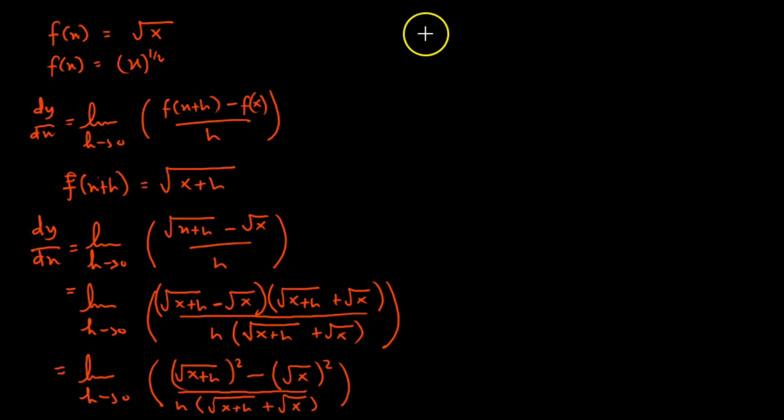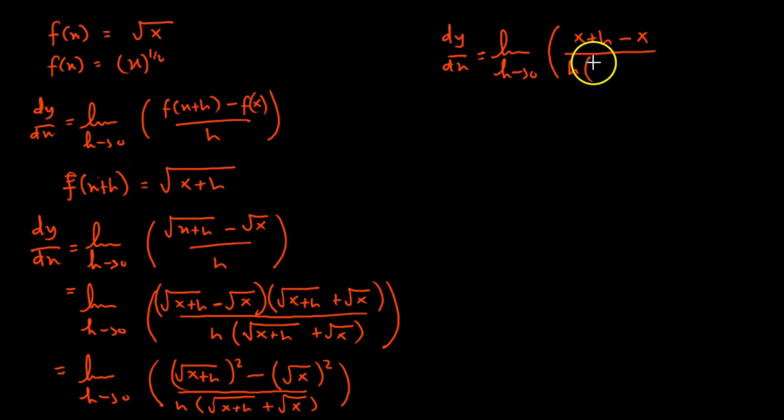Now, in simplifying, we are going to have dy dx equal to limit as h approaches 0 for x plus h minus x all on h into bracket square root of x plus h plus square root of x.